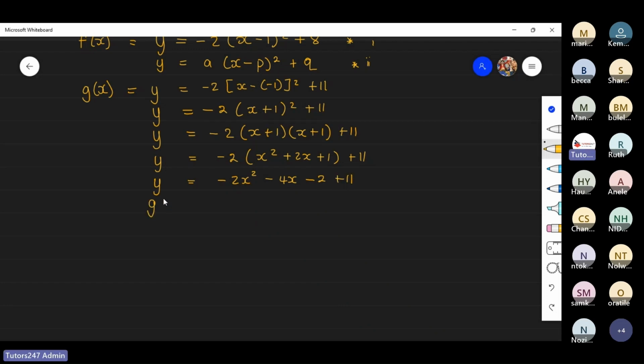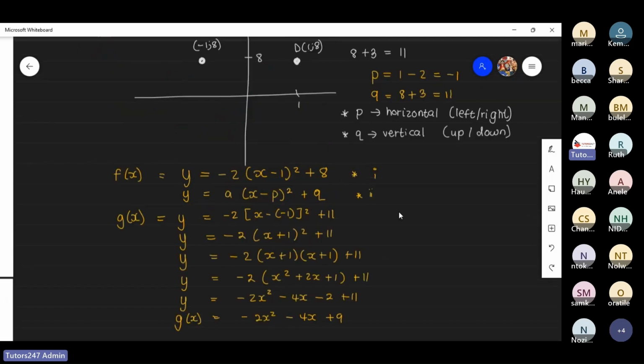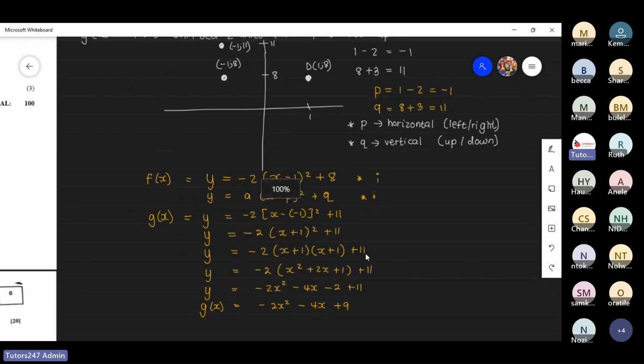And we can then finally say that g of x is equal to -2x squared minus 4x plus 9. So this is our new function, which is g of x, that was obtained by shifting f of x 2 units to the left and 3 units up.